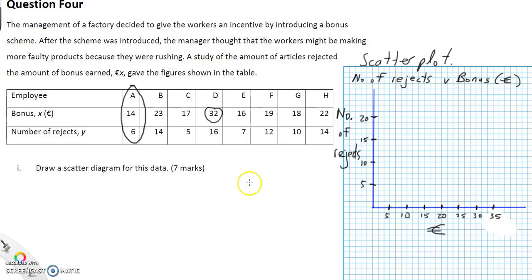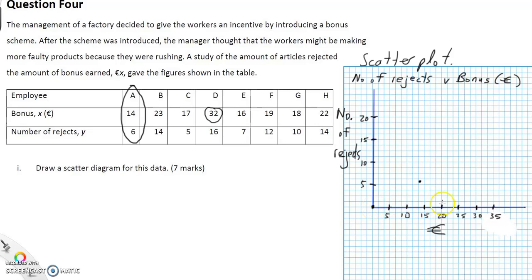So where were we? Right, A, 14 euro bonus and 6 for the reject count. Right, so somewhere along here, and drawing a wee dot. Next employee, B, 23. 23 is about here, that far out from our origin.